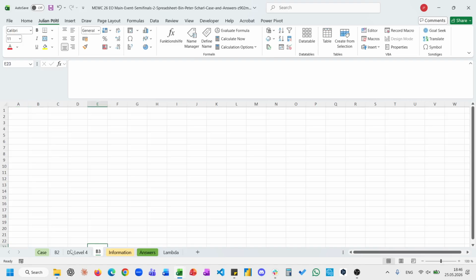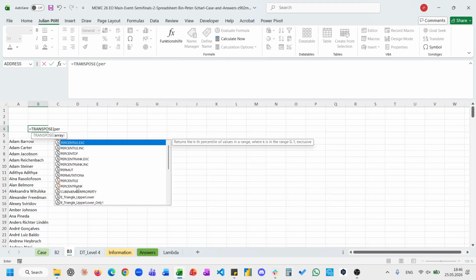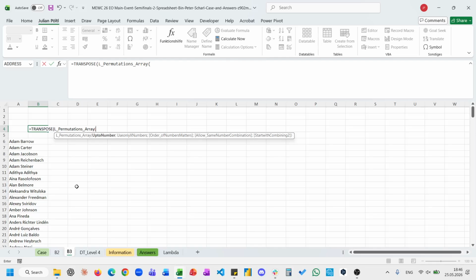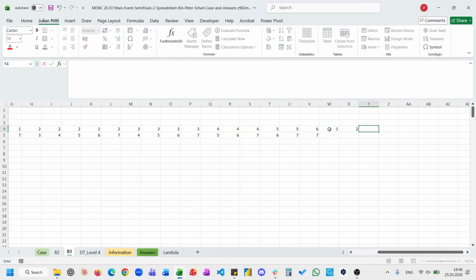B3. So I want to have all contestants in this row here, maybe a little bit further down to have space there. And then transpose, permutations array, 7200. Close this, and then also 1, 2, 3, 4, 5, 6, 7.